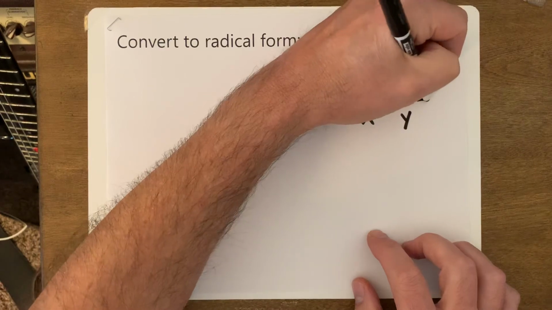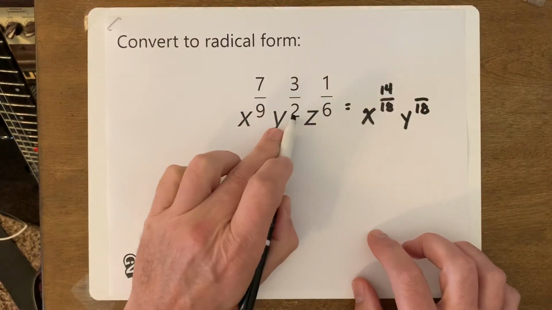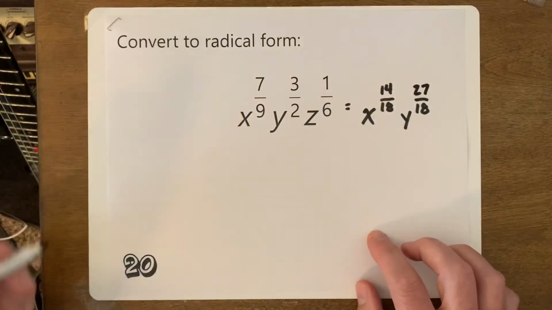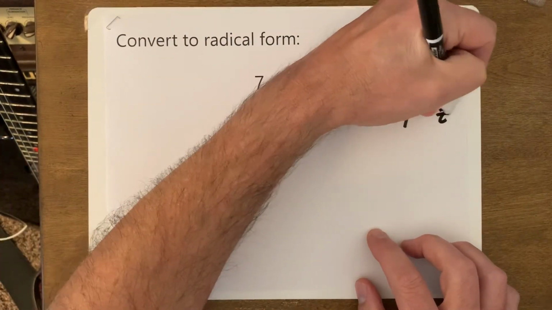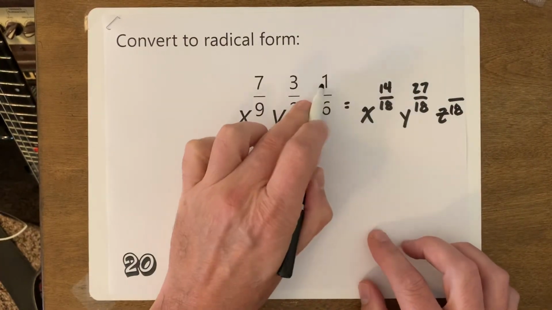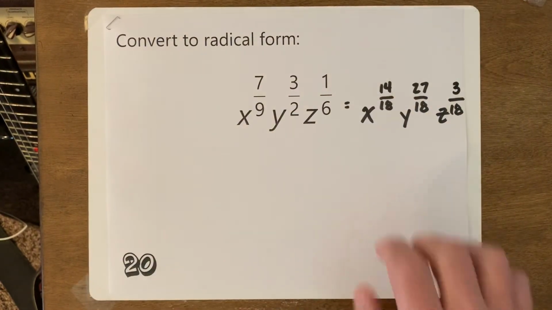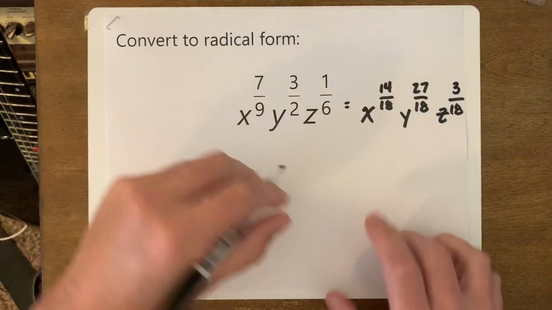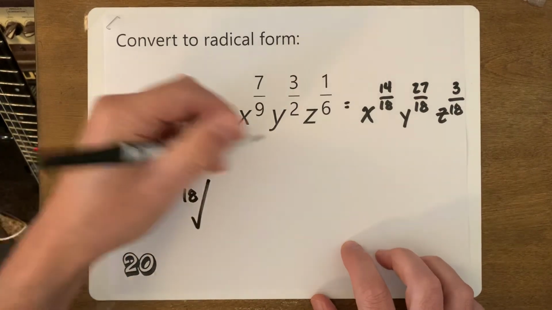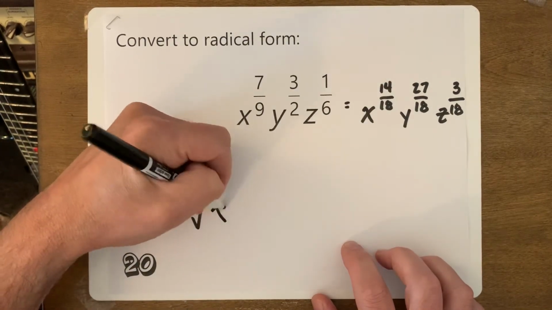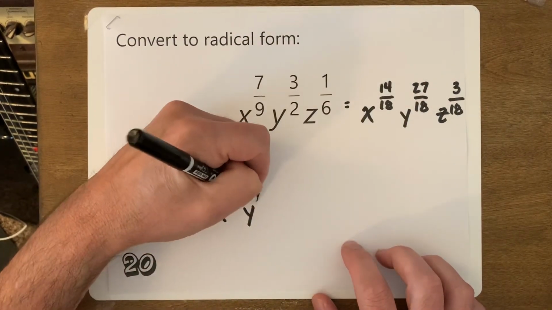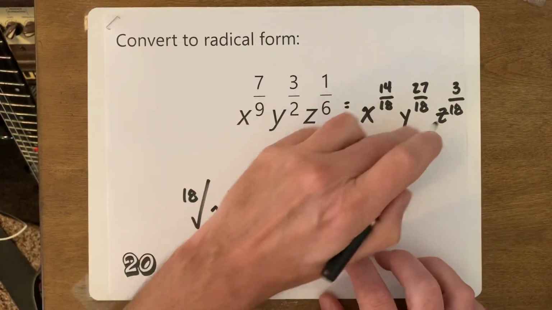Y to the, 9 times 2 is 18, 9 times 3 is 27, and then z to the, 6 times 3 is 18, 1 times 3 is 3. Once I get my 3 fractions fixed up, 18 will be my index all the way, x to the 14th, y to the 27th, and z to the 3rd power.